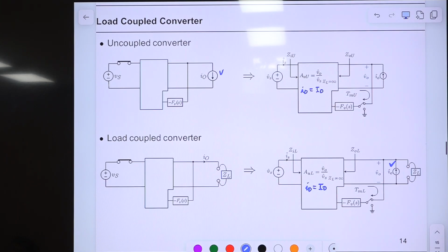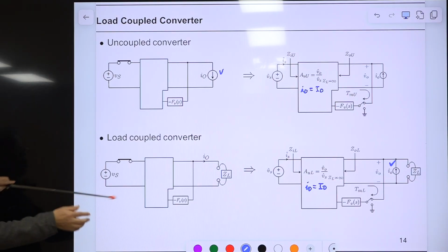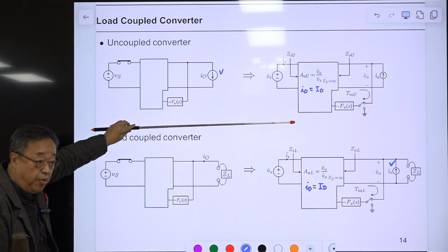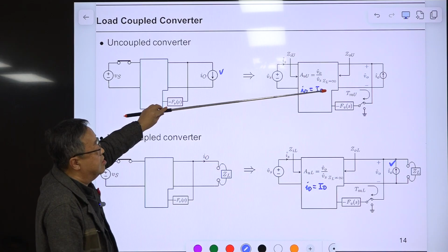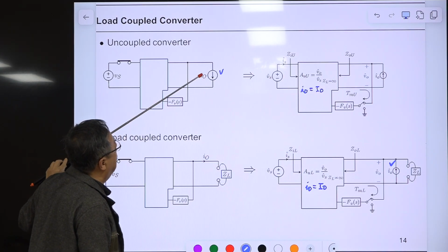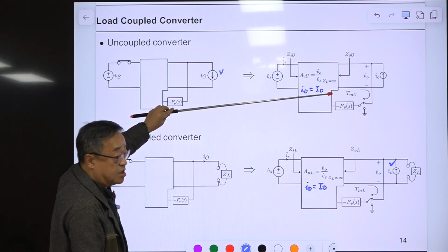So this is the diagram of the load coupled converter. First, this is the uncoupled converter, and this is the small signal block diagram of the uncoupled converter. I found out this is necessary, okay? So I/O is a time varying function, but here I/O is a fixed DC value.